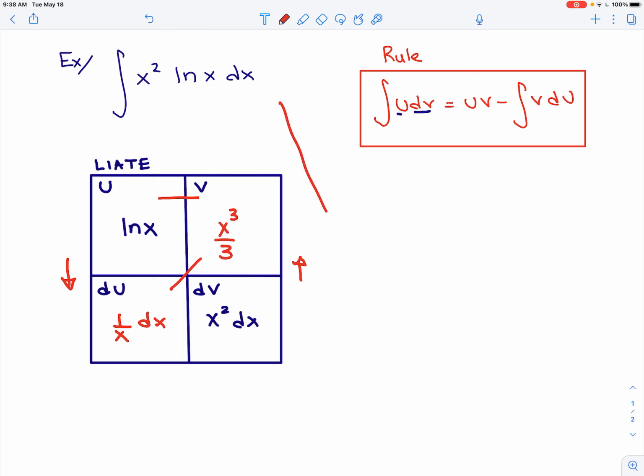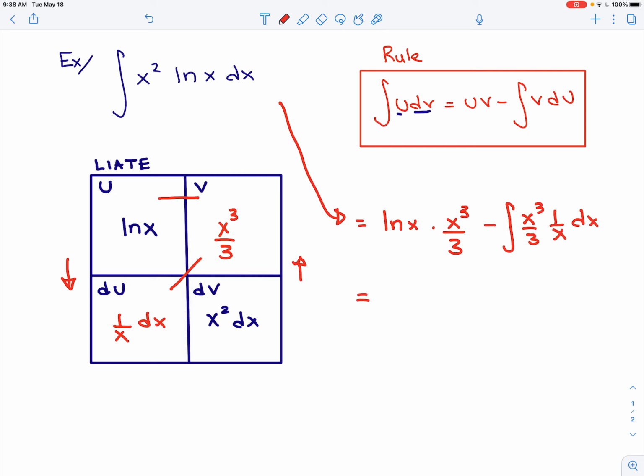So this is going to equal u times v minus, and then you know you need to use an integral because you still have a dx. So the integral of x cubed over 3, 1 over x dx.